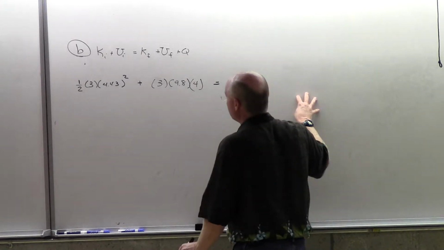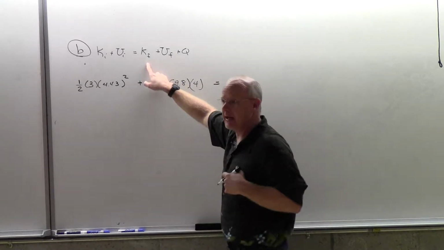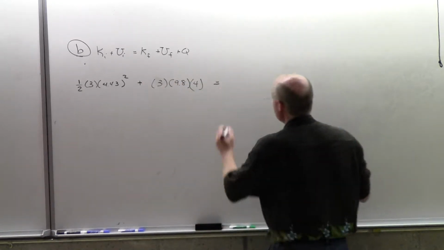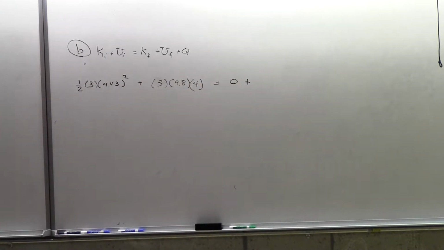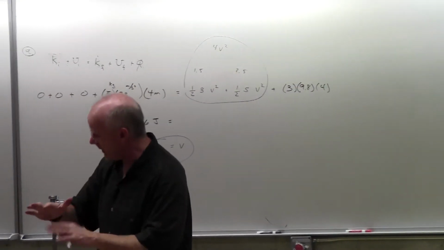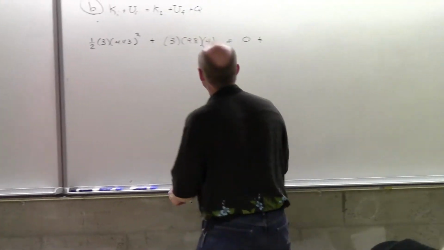But then the other side of the equation becomes something like this. When it gets to its highest point, what is its kinetic energy? Yeah, 0. So again, there we're back to that. Are you understanding the problem? Do you see the physical picture? I mean, the question is, how high does it go? So it's going to slow down, come to a stop, and then be falling back down. So its velocity is 0, which means its kinetic energy is 0.